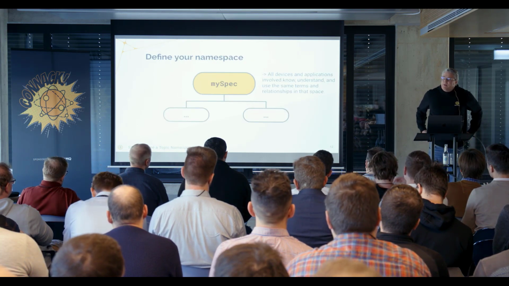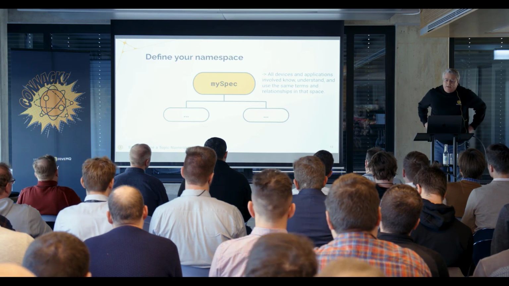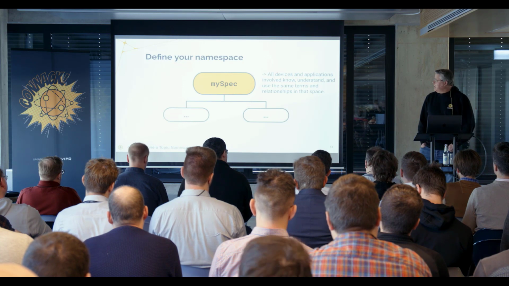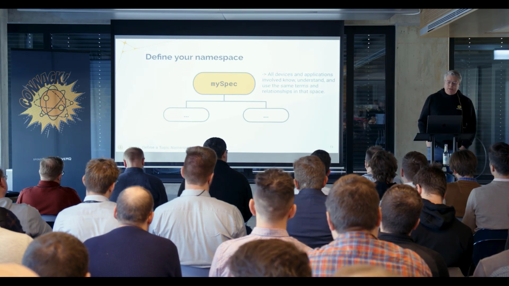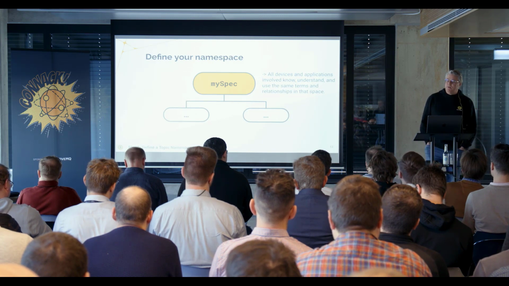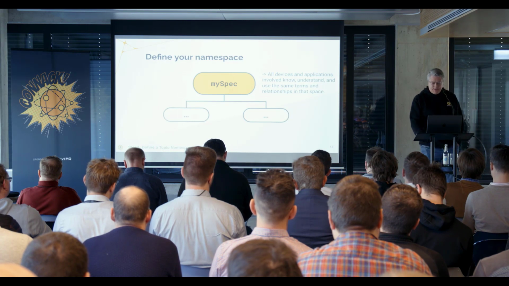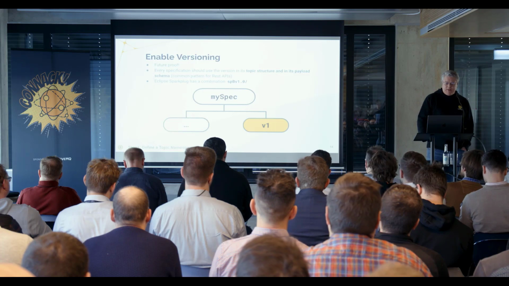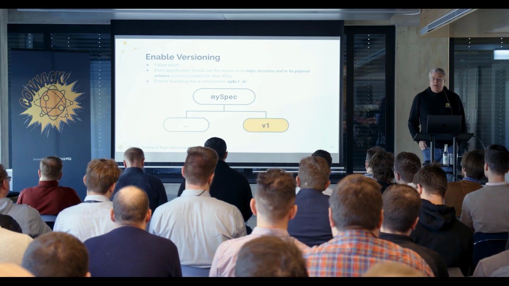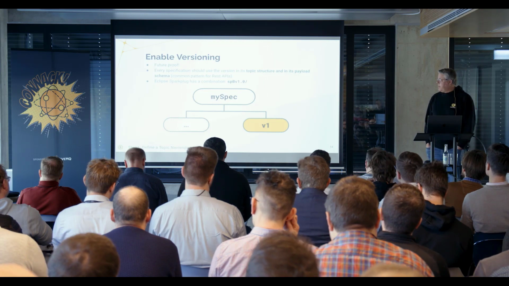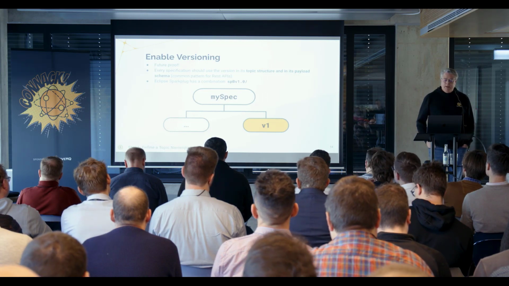So, start your topic structure by defining your namespace to define the domain and add a kind of semantics to the topic structure and your namespace. The next key thing that is really recommended is to enable versioning, a bit like it's a common pattern for REST APIs.